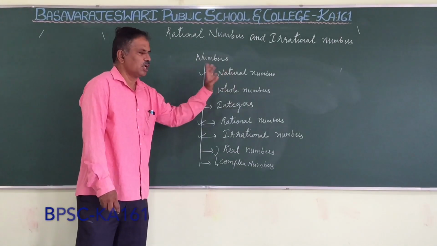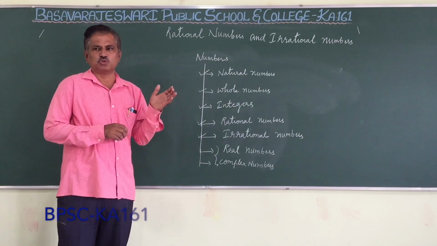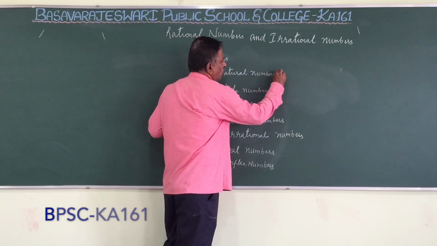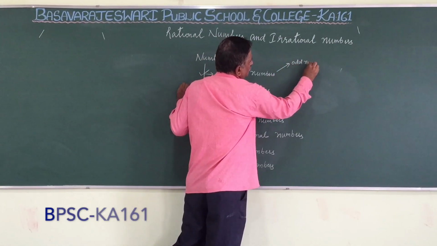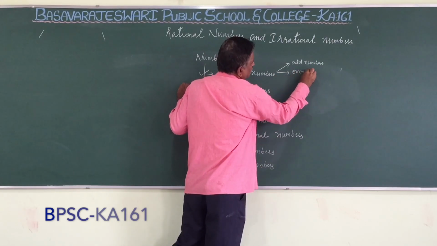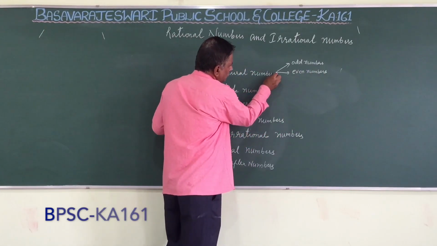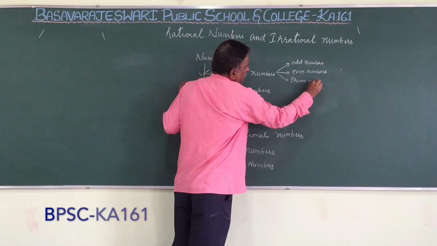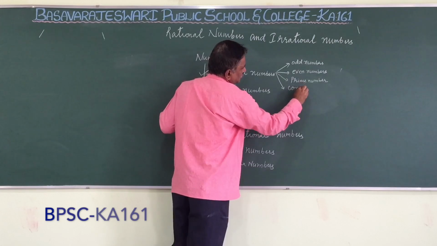Natural numbers are of these types: odd numbers, even numbers, prime numbers, and composite numbers.